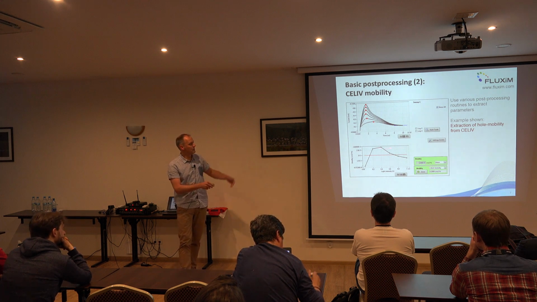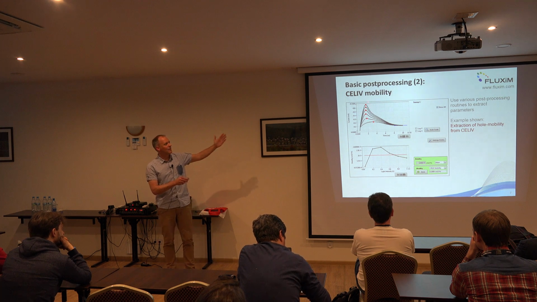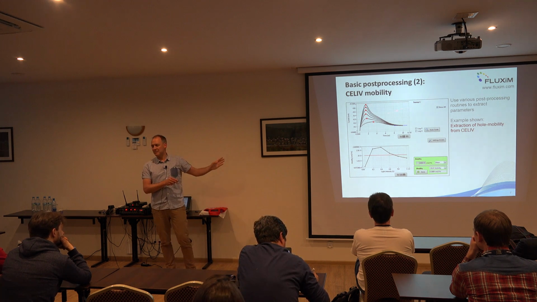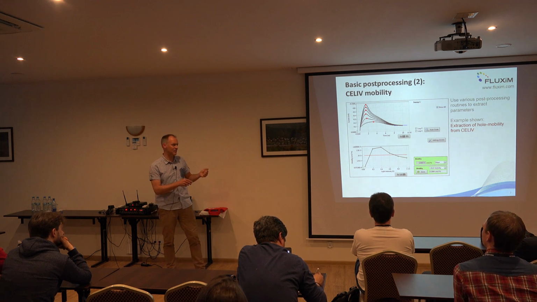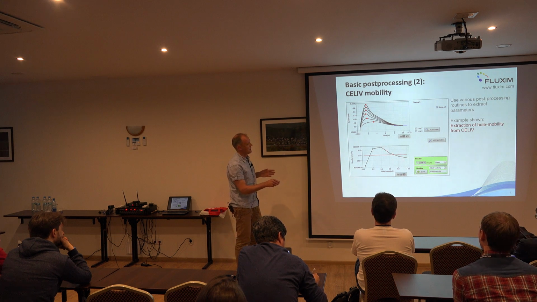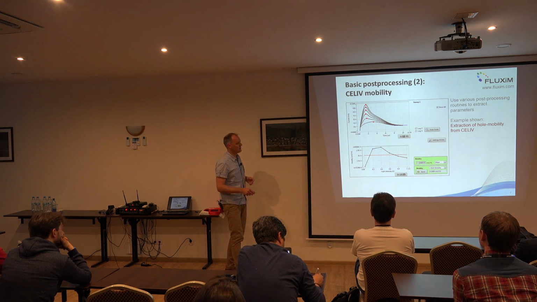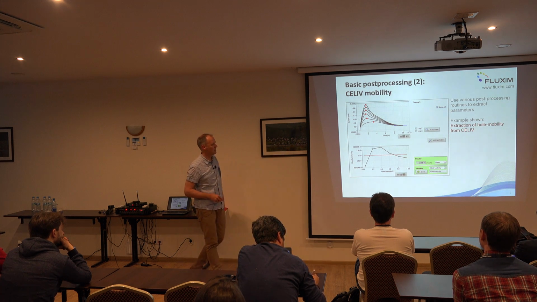So this also gives you an estimate of mobility, and you can already tell that you would expect to get always the same charge carrier mobility regardless of what light intensity you pulse the solar cell, but sometimes there is some tendency that the values change a bit, and then you can decide, oh, let's just take the average value and store it into the database.